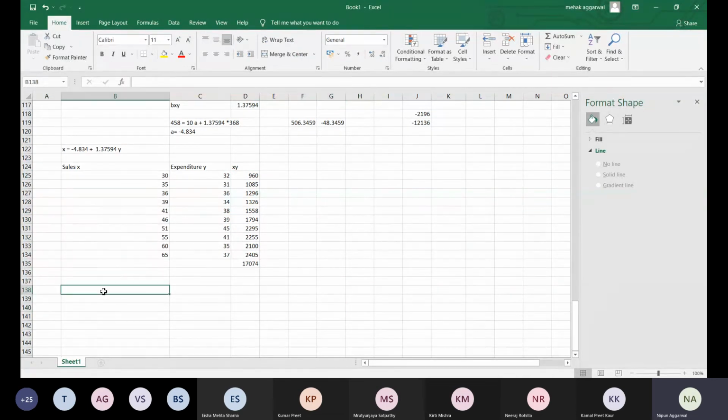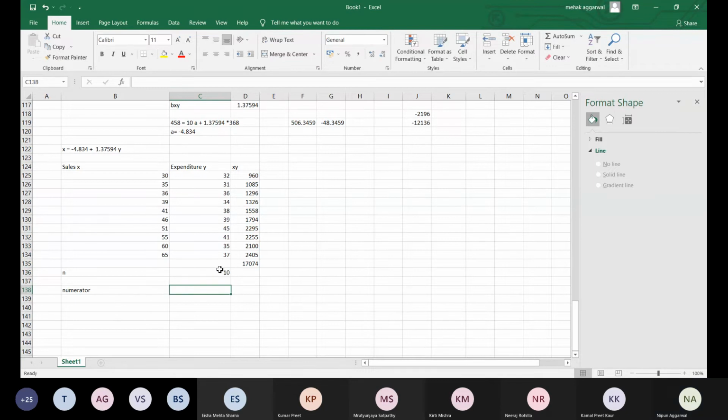Now in the formula it says n into summation xy. So again we have to calculate separately. So n is here, n is 1 2 3 4 5 6 7 8 9 10. So n is again 10.